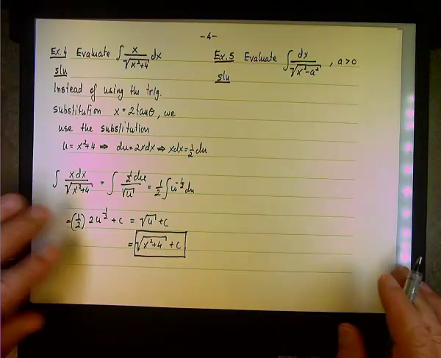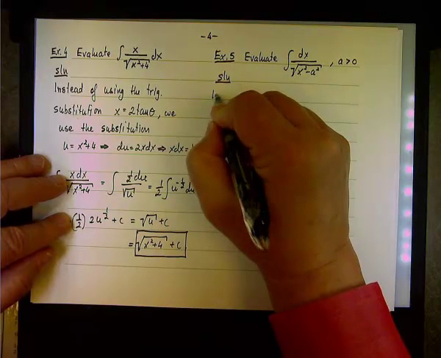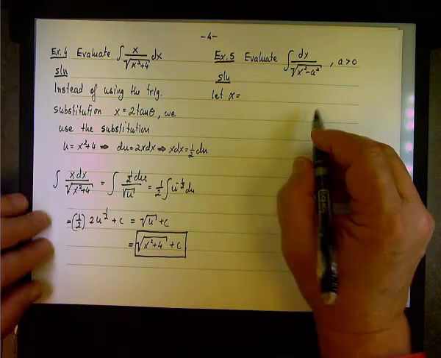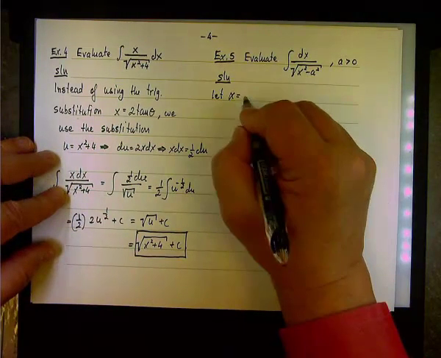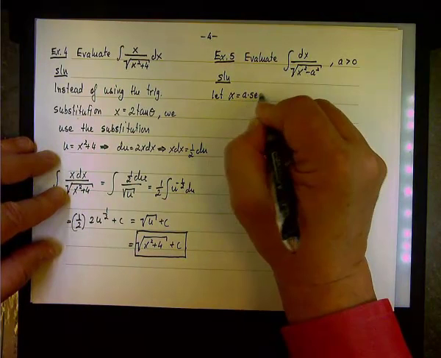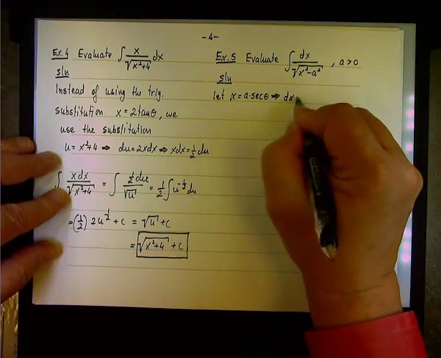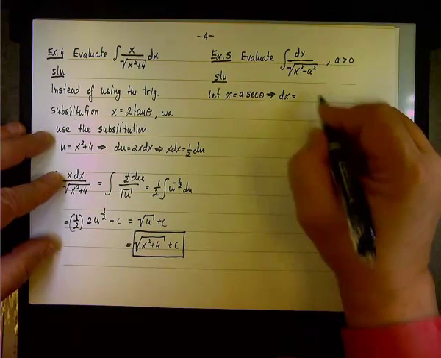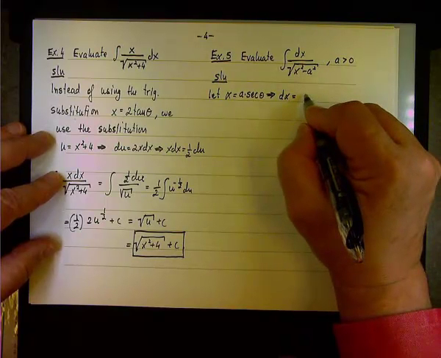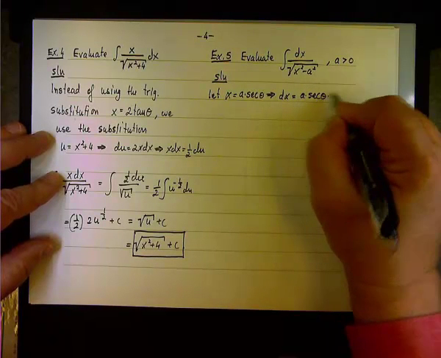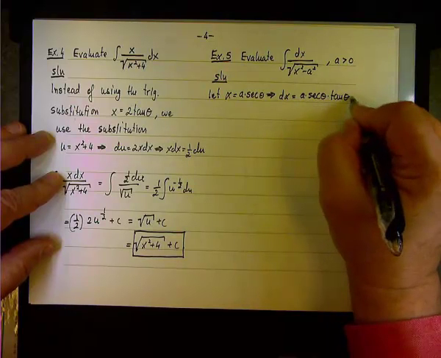So as we solve it, we're going to let x be a times secant theta, and therefore dx, the derivative of the secant is secant times tangent, so dx will be a times secant theta times tangent theta d theta.